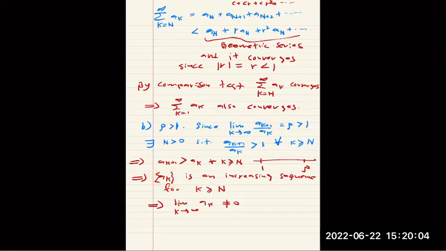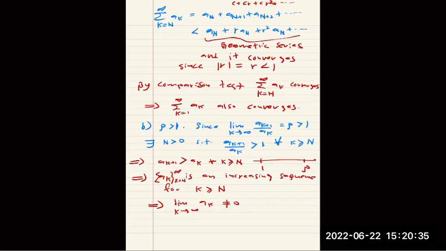If you consider this sequence from k equal to n to infinity, the smallest term in this sequence is going to be a_N because it's an increasing sequence. But a_N is positive. If it is positive, this sequence cannot converge to 0. The limit as k goes to infinity of a_k cannot be 0. It is not equal to 0.